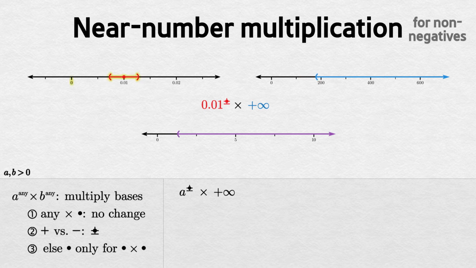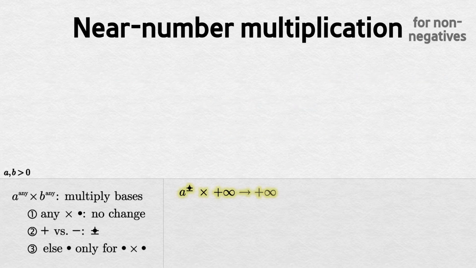The numbers in the first factor squeeze closer and closer to 0.01, but those in the second factor push larger and larger, and the products thus push larger and larger. I think we recognize this behavior. The result fits into positive infinity. This demonstrates the rule for the product of positive infinity and any basic finite near number with a positive base.